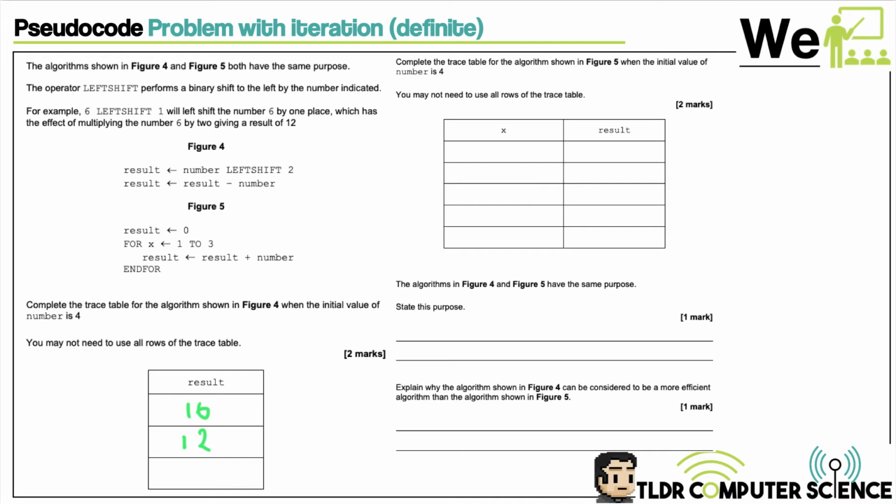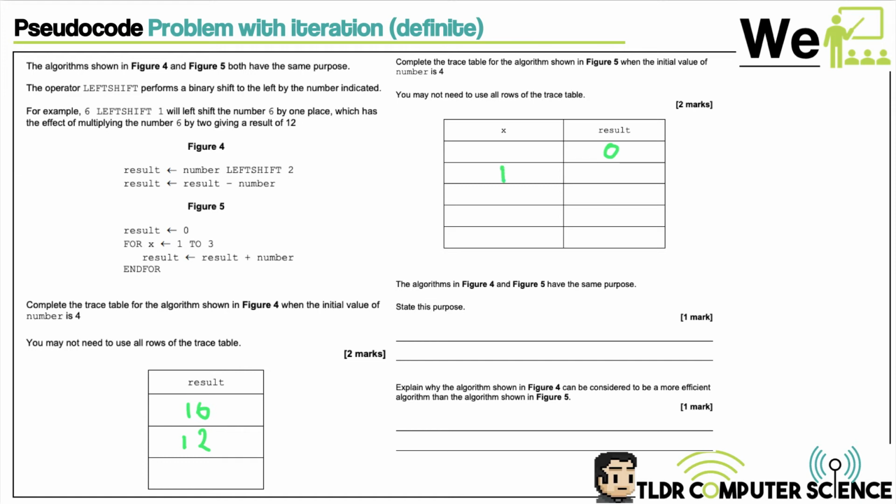Okay. Complete the trace table for the algorithm shown in figure 5, when the initial value of number is 4. So on this one here, the first line says result is 0, which is here. Then x is 1, then it'll be 2, then it'll be 3, and then it'll be the end of the for loop.